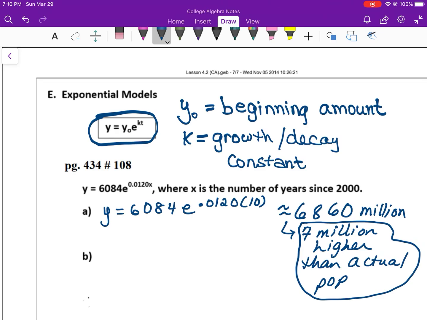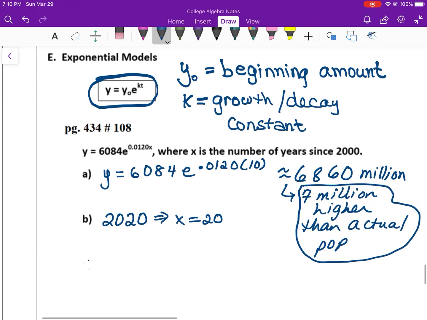Part B, use the model to predict the population in 2020 and 2030. So for 2020, x is the number of years since 2000. Our x is going to be 20. And so we're just going to do the same problem, except we're going to plug in 20 for our time.